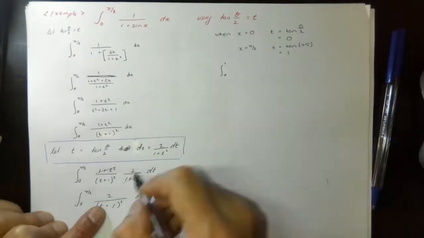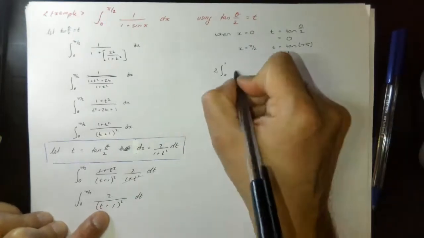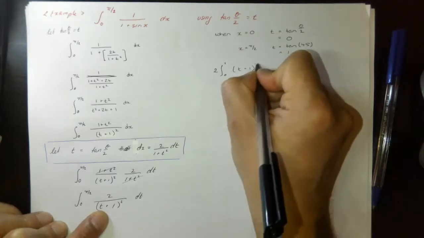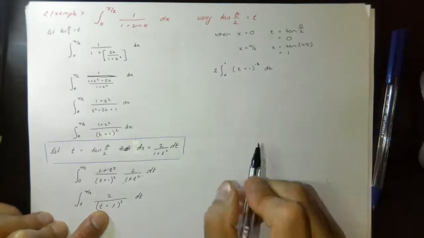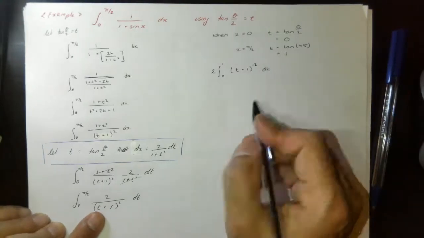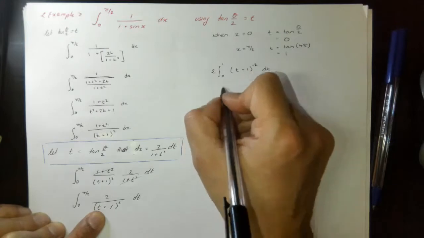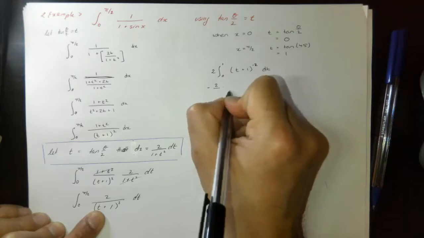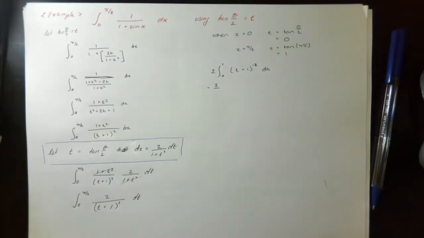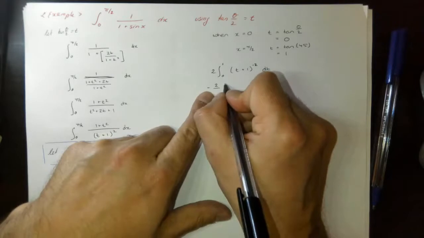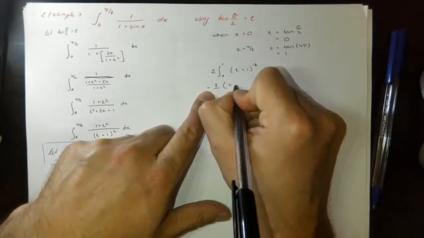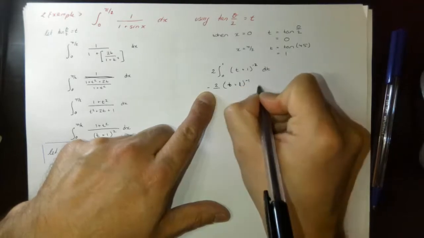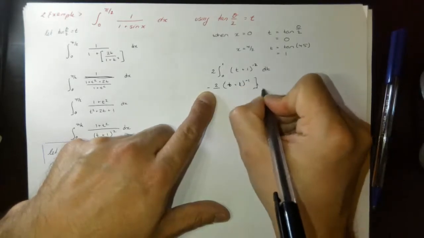The 2 I can take outside, and this becomes t plus 1 to the power of negative 2 dt, which we can easily do. So we raise the power, that's negative 1, from 0 to 1.